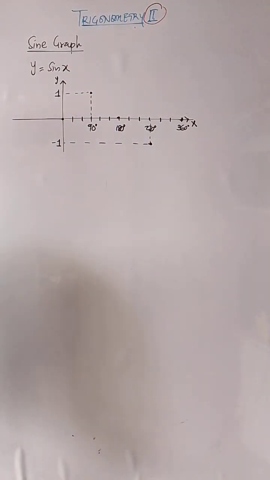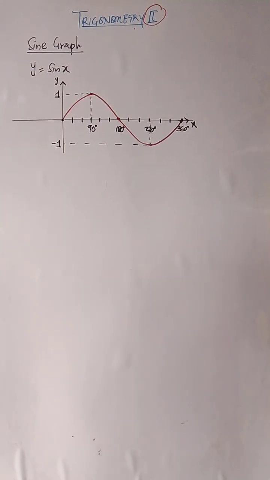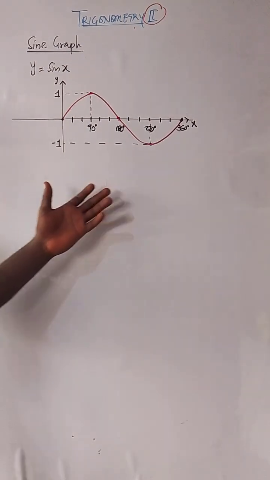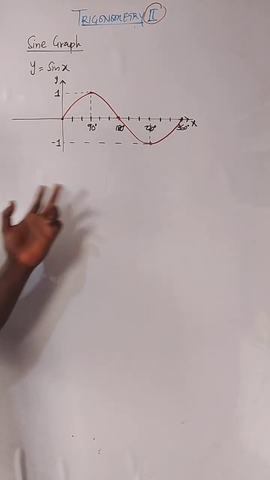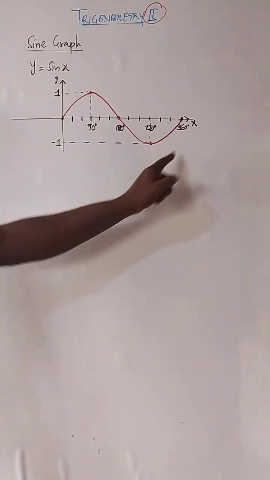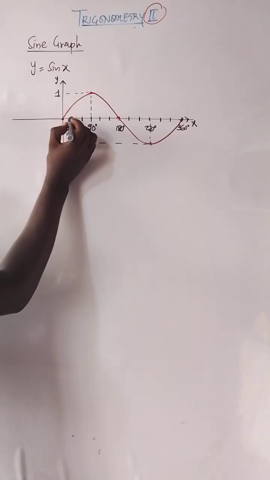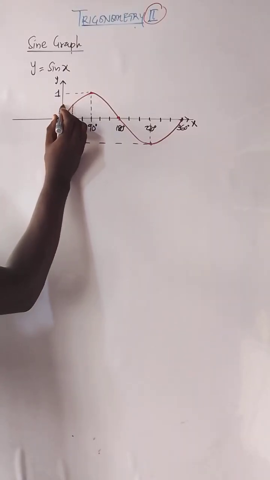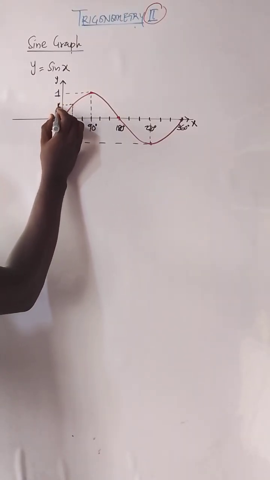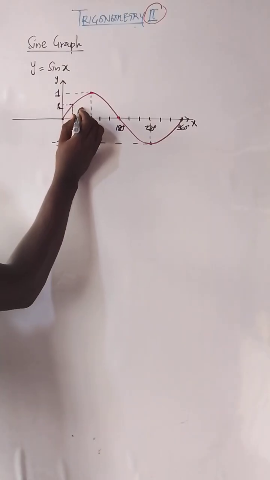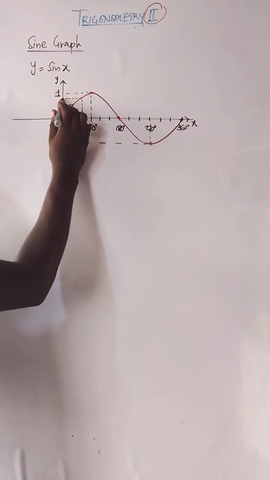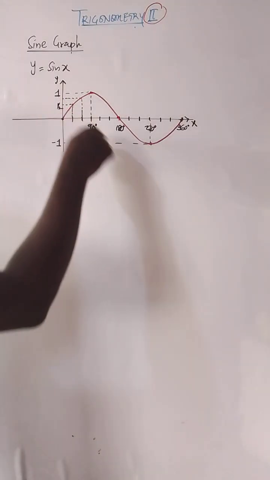You have a graph that looks like this. This is what a sine graph looks like. You can plot all the points together. This is 30, you bring it here, you get half. This is 60, you get root 3 over 2.